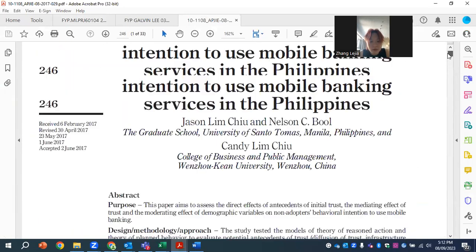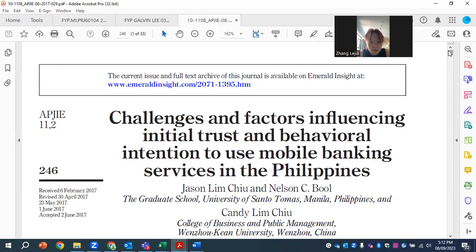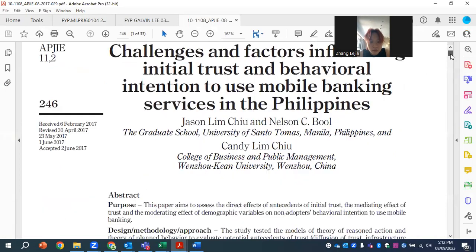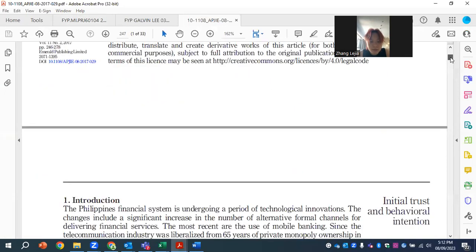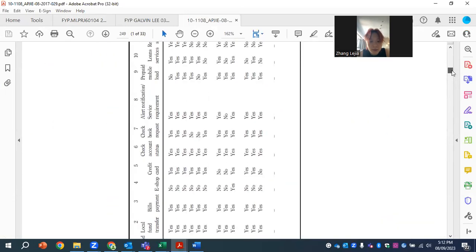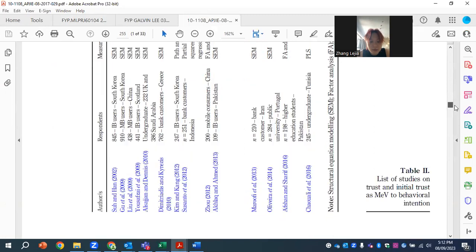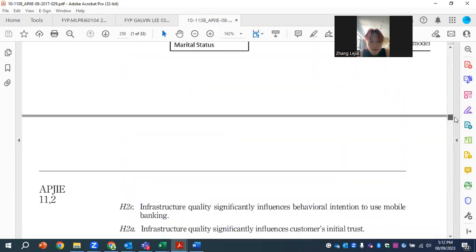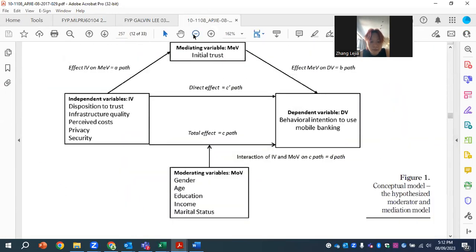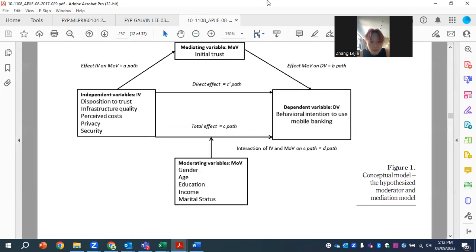Emerald is a good journal, and it's quite current, 2017. Last time when the student did it, it was quite current. And then you would see that it has a framework. There is the framework. This one, they draw the diagram. This is called a framework. They draw a diagram.